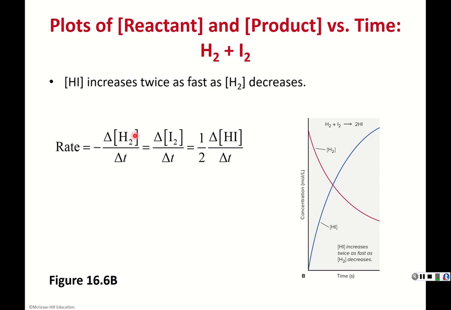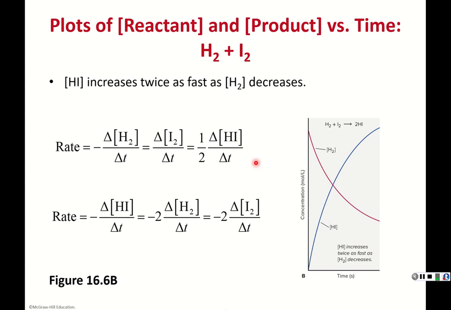So the rate of change of H2 over time is equal to the rate of change of I2 over time, equals 1/2 the rate of HI over time, because there is this 2 there, right? So you have to take that into account. And we do that by saying 1 over that number in the balanced chemical equation in front of your rate of change of concentration.